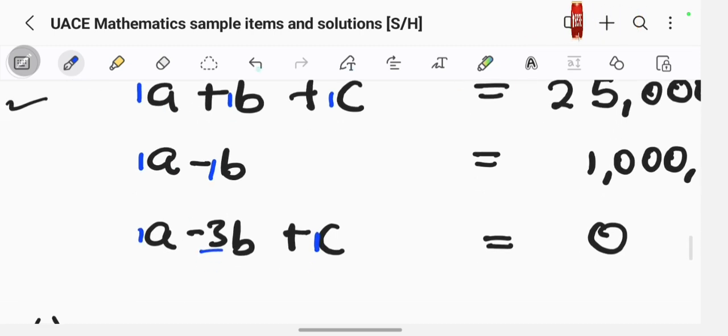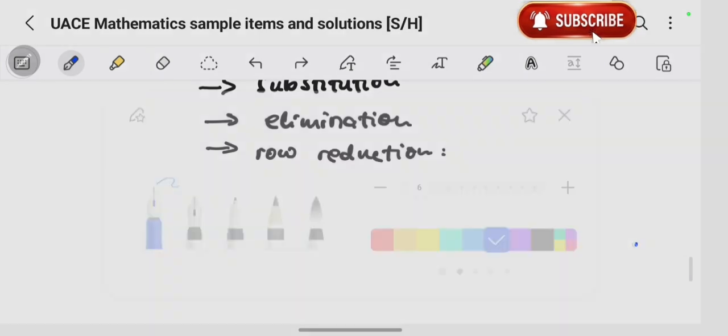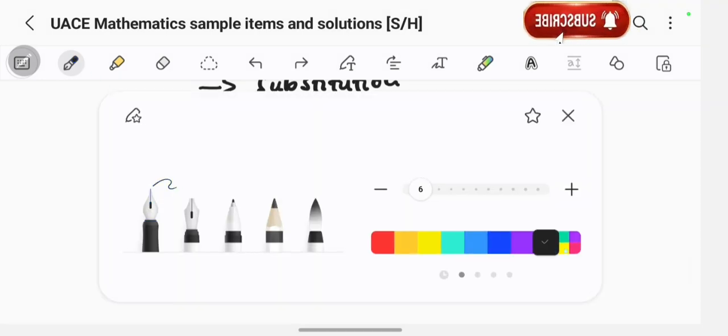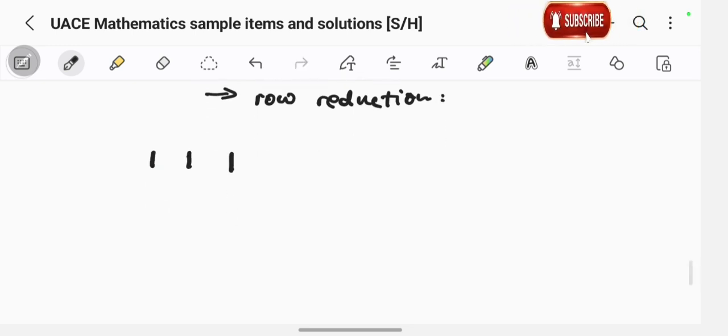Those are the coefficients I'm going to pick. So it's going to be 1, 1, 1, 1, negative 1, 0, 1, negative 3, 1.